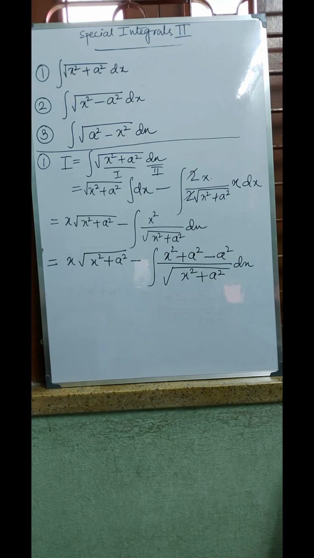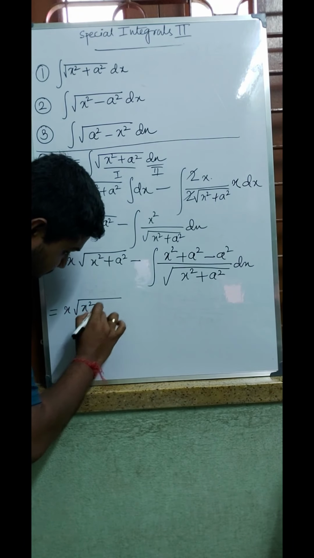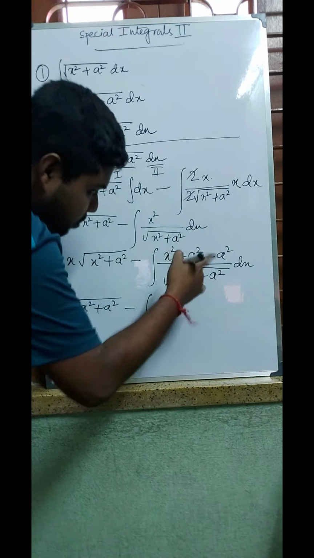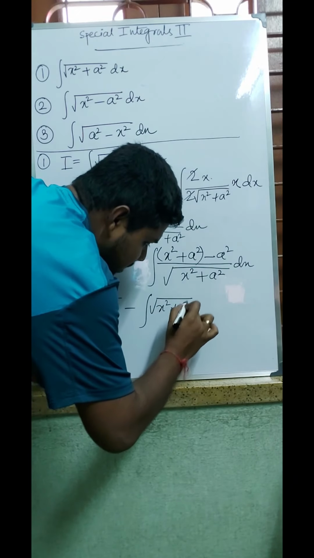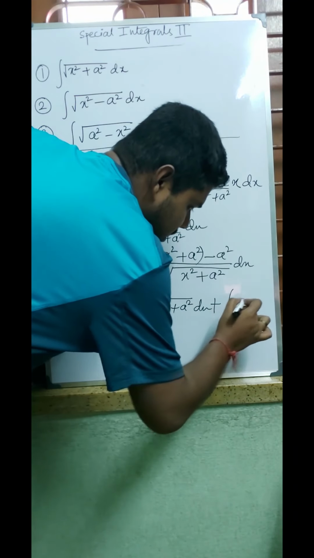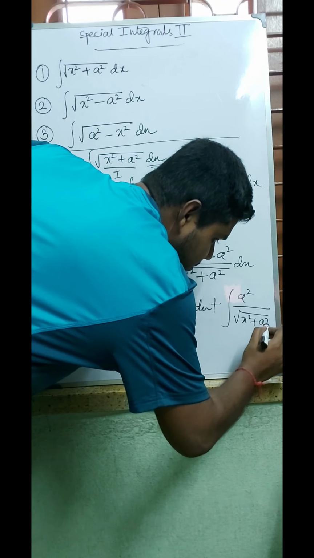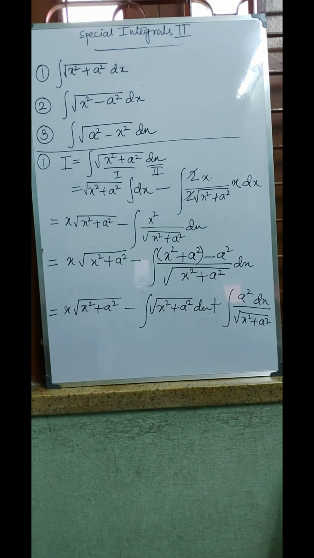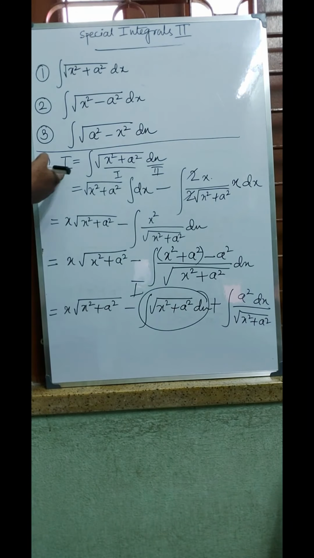Now after this, x root over of x square plus a square minus, if you just break it, taking this as 1 and taking the other as 1, this will give you under root x square plus a square dx, and this minus becomes plus integration a square by under root x square plus a square dx. Right?